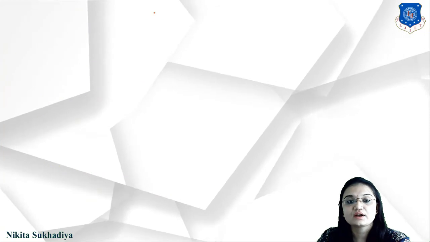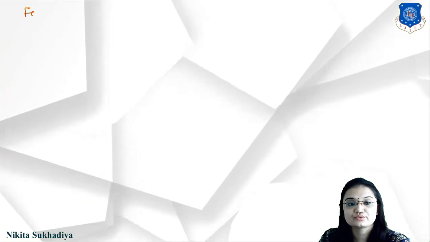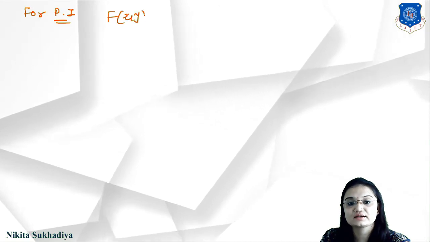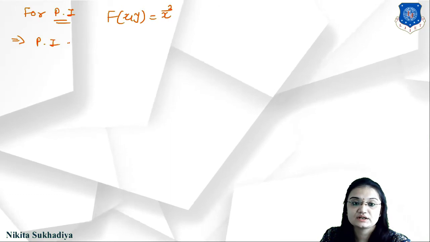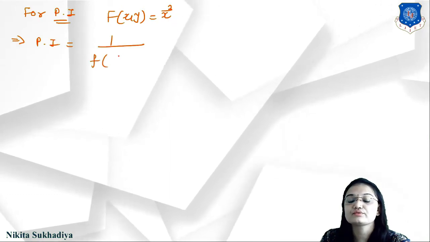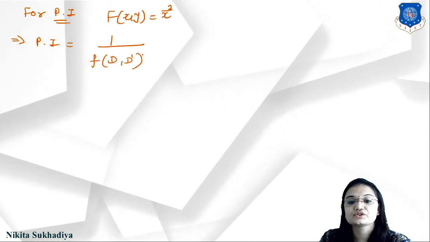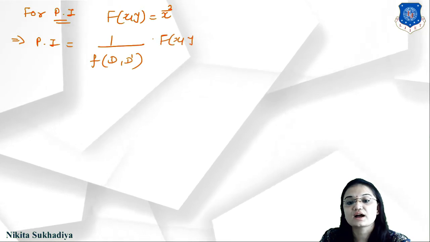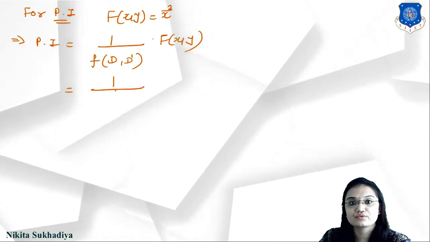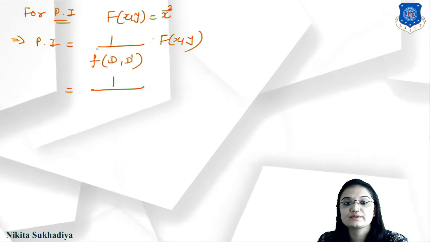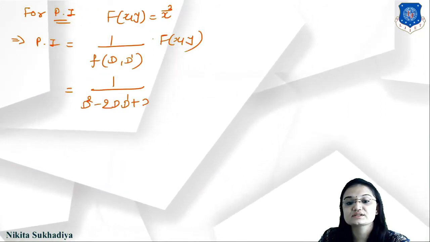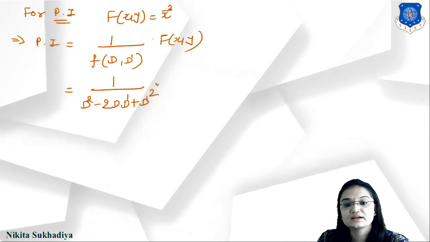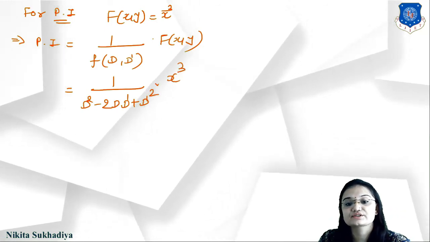Okay, now for the particular integral, here we have f of x, y is equal to x cube. So the particular integral is equal to 1 upon f of D, D dash, f of x, y. So here 1 upon f of D, D dash, that is D square minus 2D into D dash plus D dash square, and into this one is our x cube.